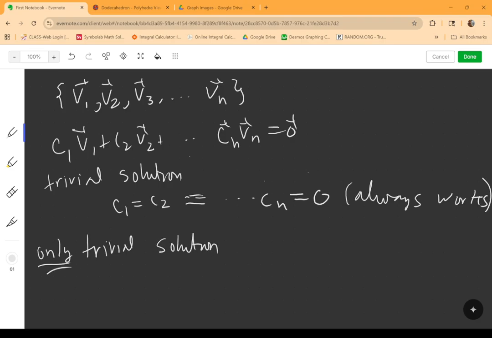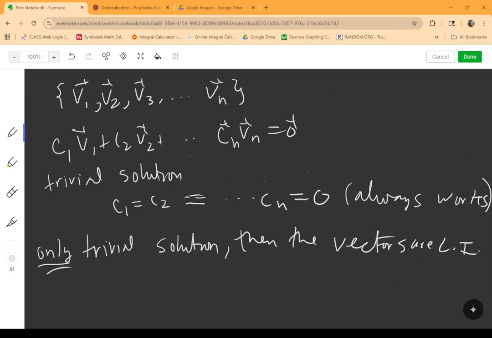If this is the only one that works, then the vectors are linearly independent.